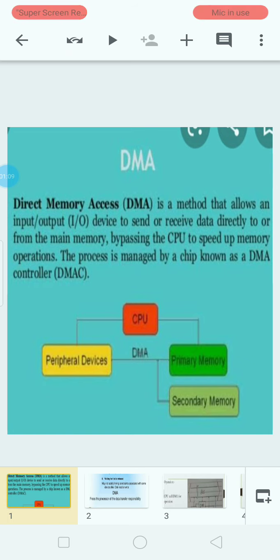For example, a sound card may need to access data stored in the computer's RAM. But since it can process the data itself, it may use DMA to bypass the CPU.